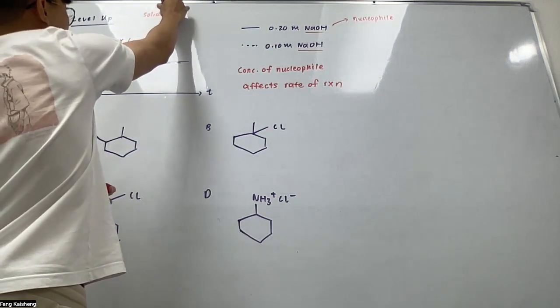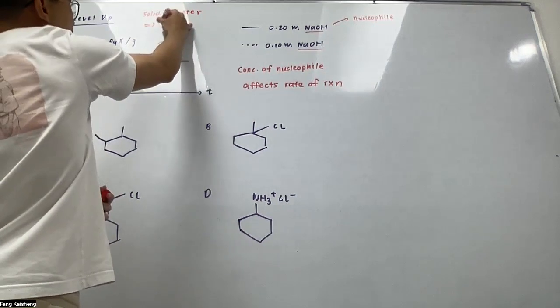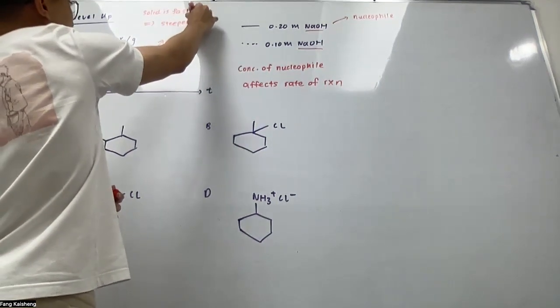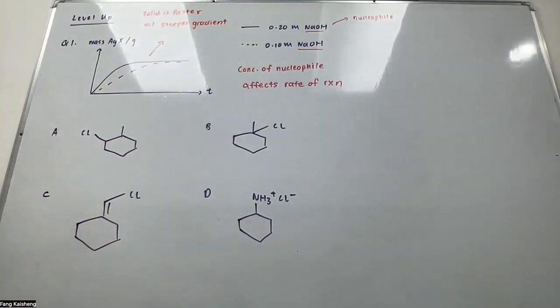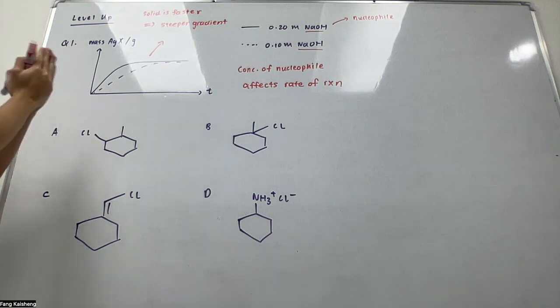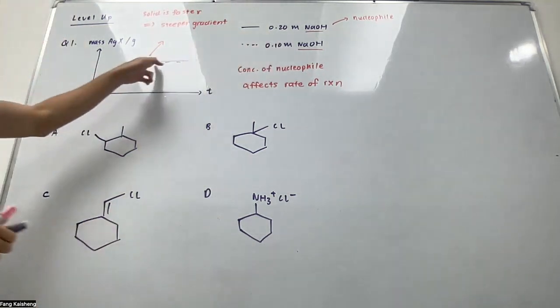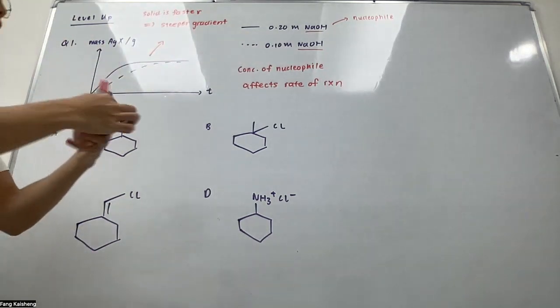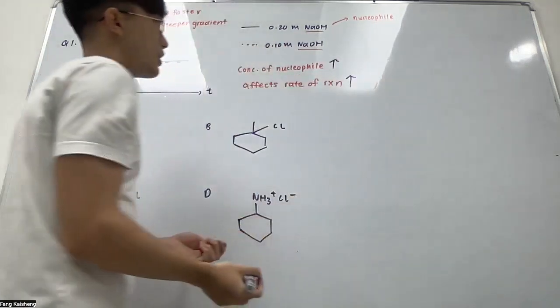How do you know that? It's a steeper gradient. Let's put everything together. If I use a higher concentration, I get a faster rate. So a higher concentration of the nucleophile gives a higher rate of reaction.